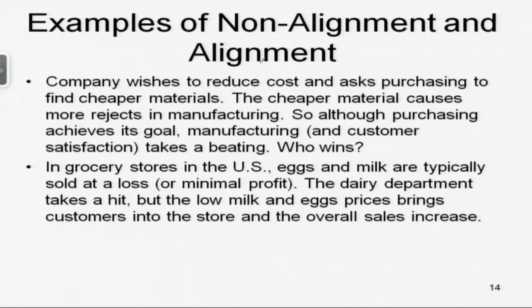Some examples where you will see non-alignment and alignment is if you take a look at a company that perhaps wishes to reduce cost, and most companies do wish to reduce cost. One of the things that we will end up doing is we will look at direct materials, because in a lot of cases direct material cost tends to account for more than 60-70% of the total cost of production of a particular part.